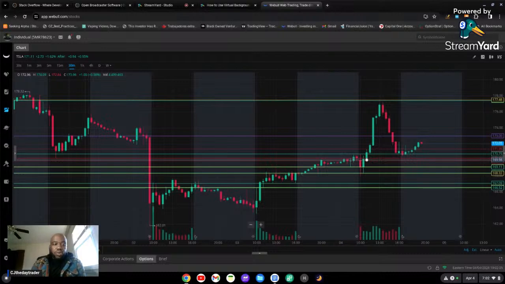So whole numbers are marked by white, which lets me know if price is there, just pay extra attention to that area. So we have this red line right above the white line. Again, this is where price pushed up essentially off of this low here.